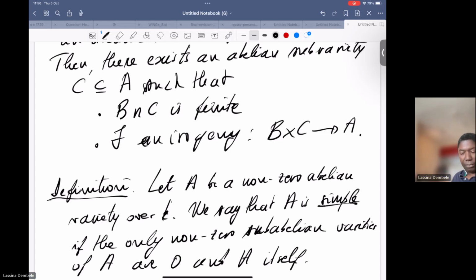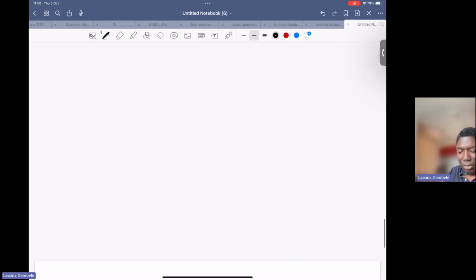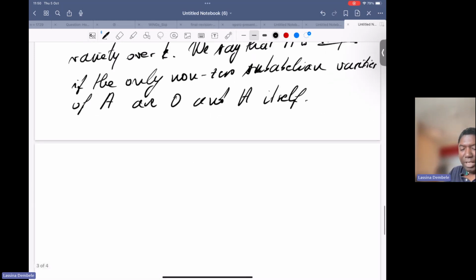Okay. So that's the definition of a simple abelian variety. And if you look at this definition carefully, you would see that you have to be careful when it comes to the ground field.